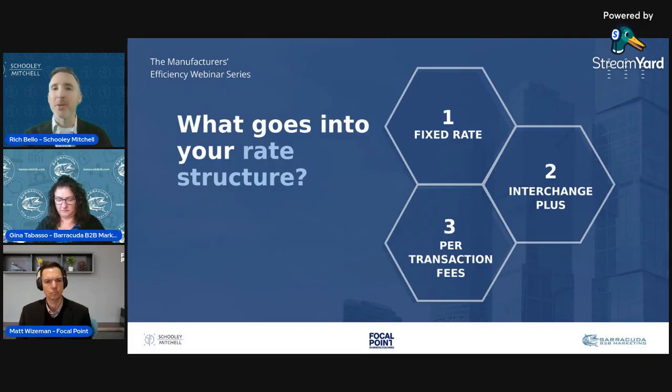And then third on this slide is per transaction fees. This goes along with the Interchange Plus structure. So again, with fixed rate, you're going to have one percentage, and that's what you're going to pay, that percentage of your total credit card sales. Interchange Plus, like I said, is the rate that the credit card brands charge plus the processor's rate for their profit margin, and then usually they'll add a certain charge per transaction that you do.